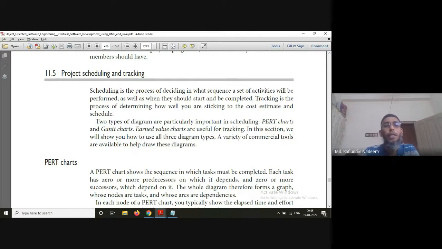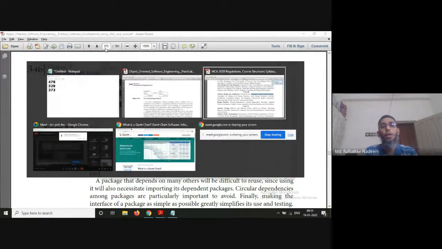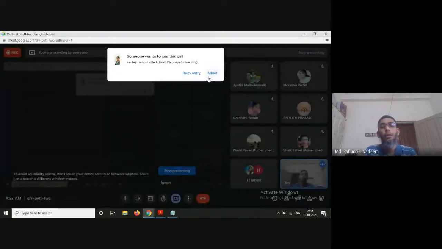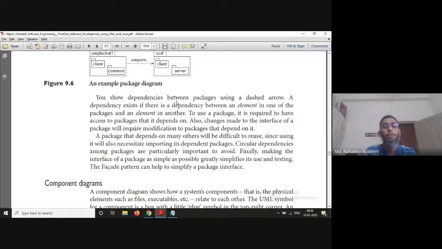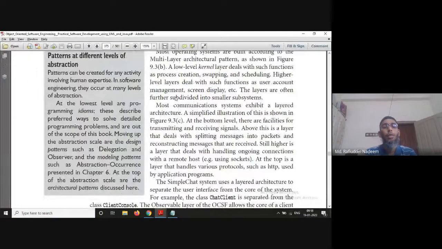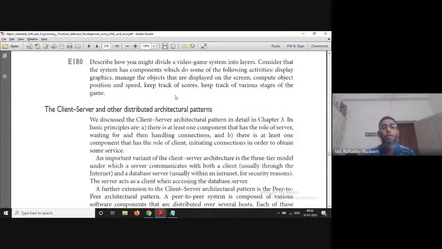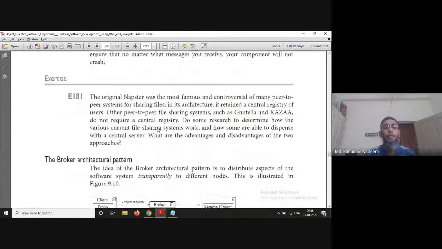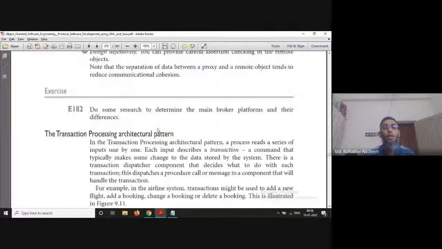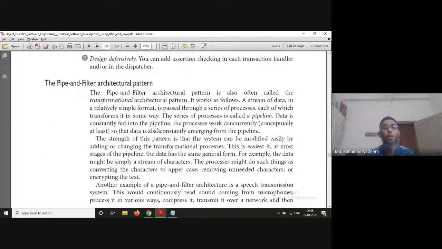First of all, we understood what software engineering is. Then we discussed what a requirement is and the different activities involved in software engineering. Then we discussed how to gather the requirements and how to build up the requirements document.